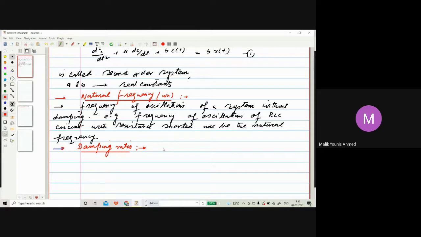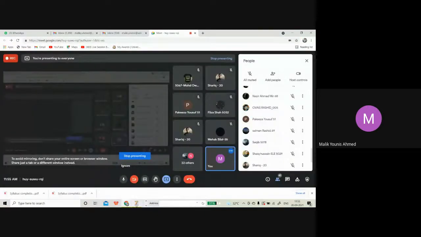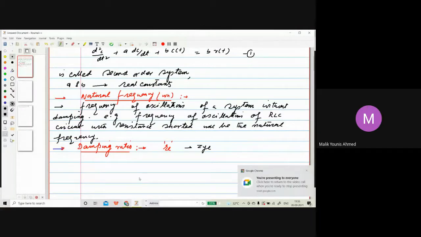The damping ratio is denoted by xi, a Greek letter.